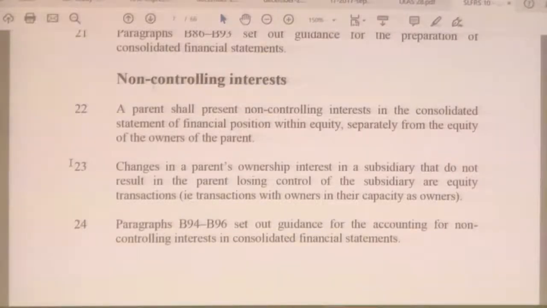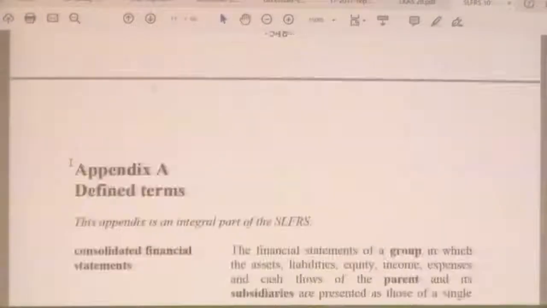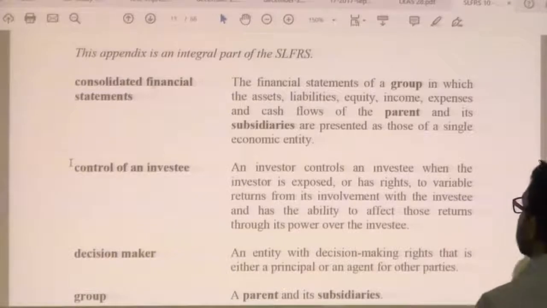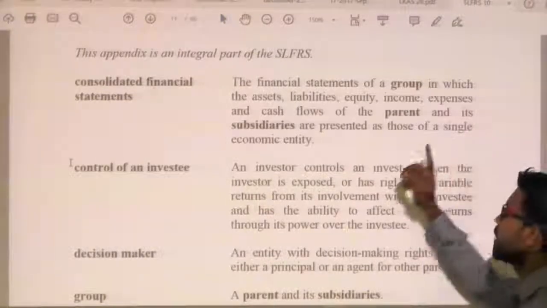And go to the appendix and read the definition of consolidated financial statements. That is what I told you, I took it straight from the standard. Consolidated financial statements: the financial statements of a group in which the assets, liabilities, equity, income, expenses and cash flows of the parent and its subsidiaries are presented as, underline the words, a single economic entity.